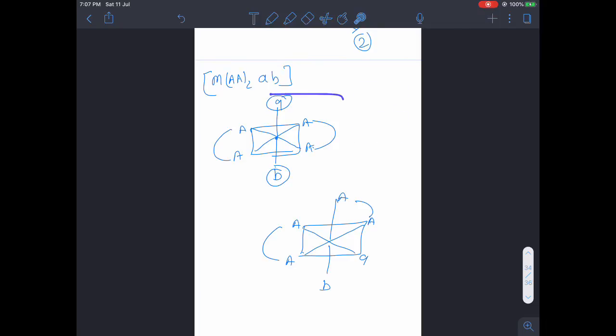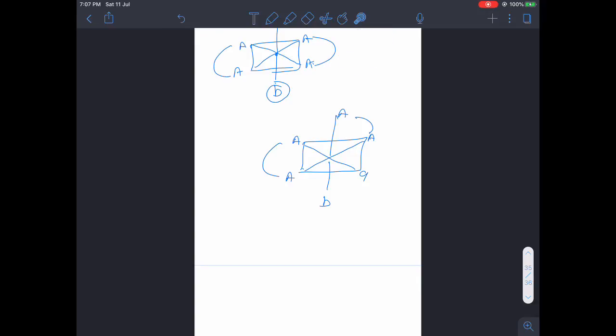Now, look at this particular case. If I pass a plane which contains A, B, that means this line, and the midpoint of this one, don't you think this is symmetrical about this? So that means POS is there, so optically inactive. Now, what about this?